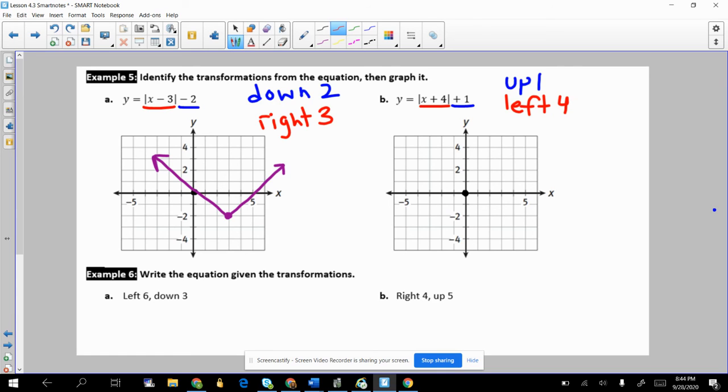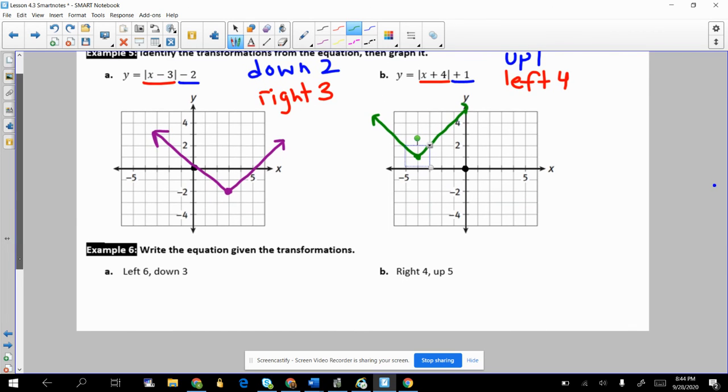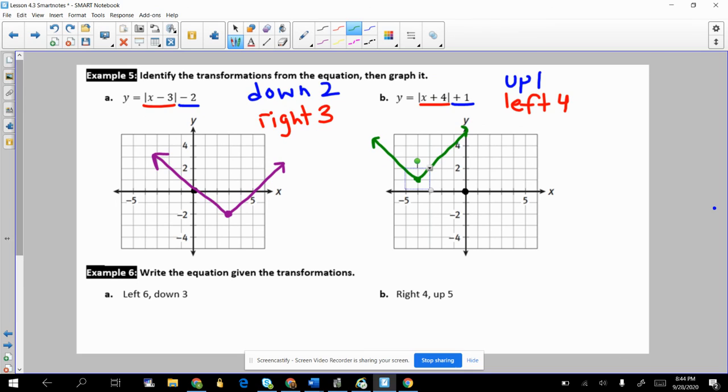Okay, so again, to the left 4, 1, 2, 3, 4, and up 1 would be right here. And then we know it is a perfect V looking like that.